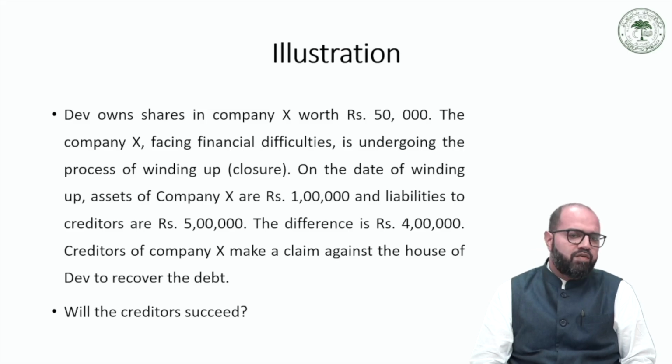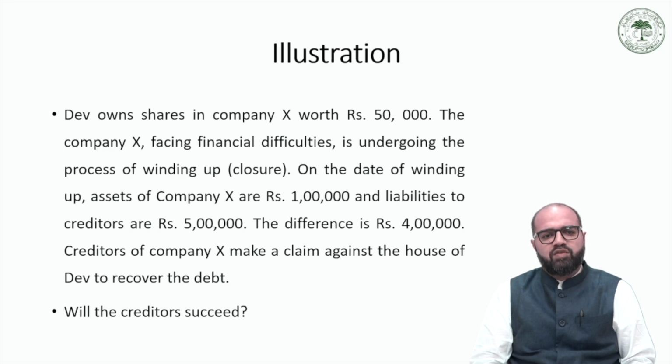Now on the date of winding up, when the balance sheet of the company is computed, its assets are 1 lakh rupees, but its liabilities to the creditors are 5 lakh rupees. So the difference between the company's assets and its liabilities is 4 lakh rupees.